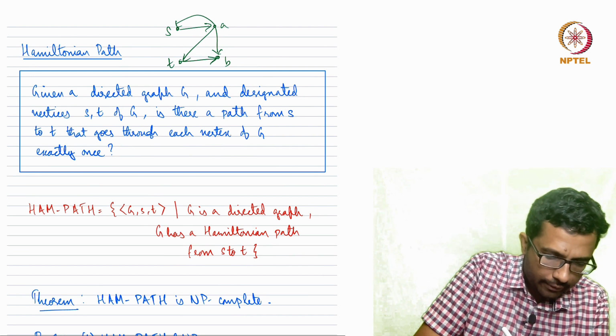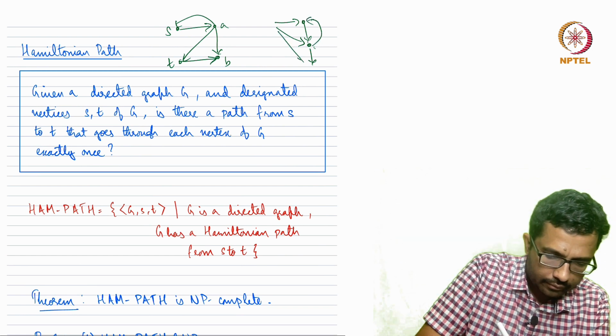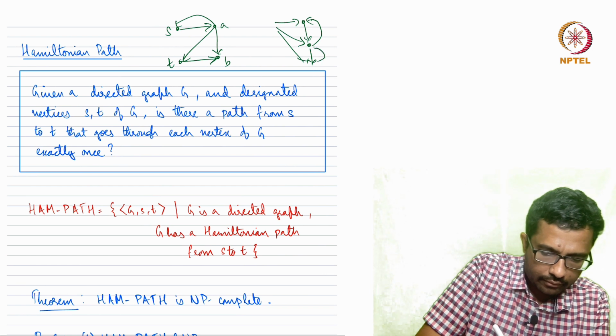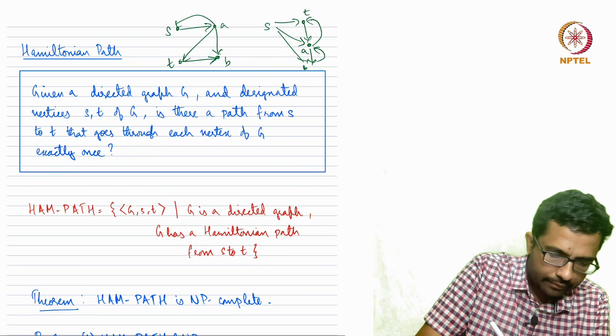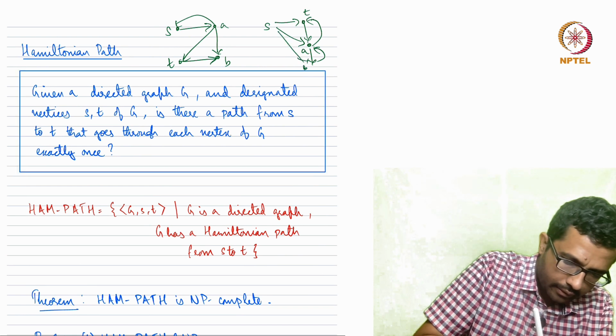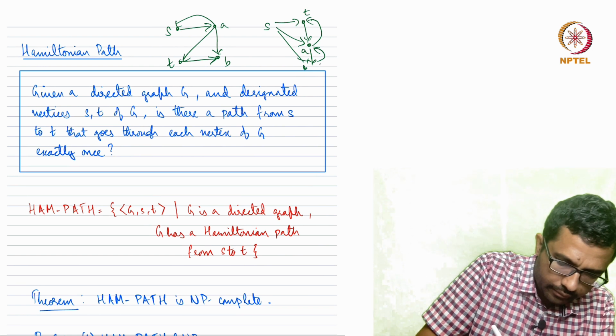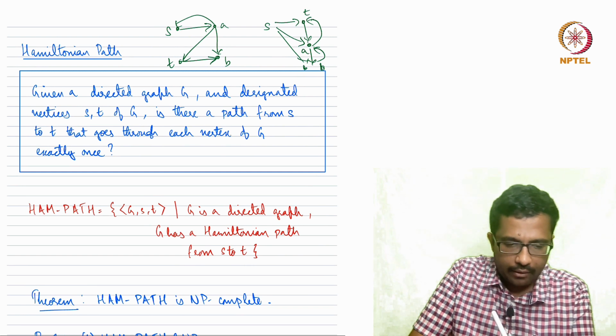However, let's say another example. S, T, A, B. Let's say this is B. So in this case, there is a Hamiltonian path.